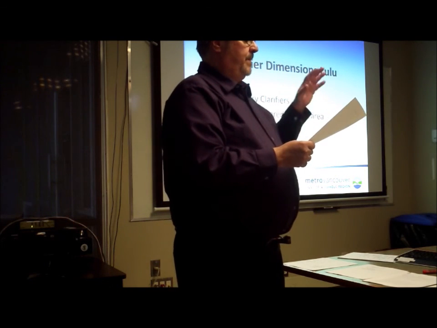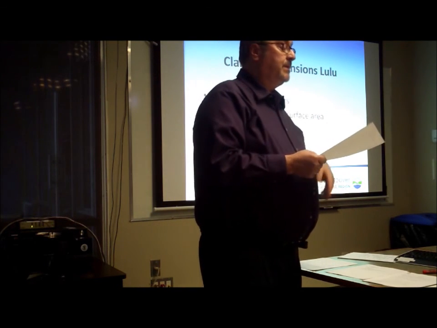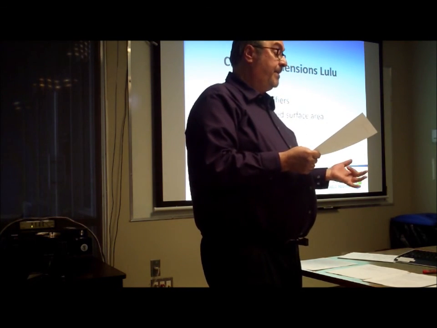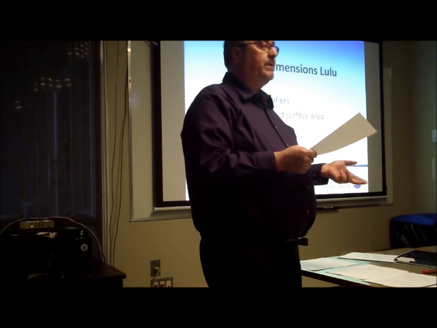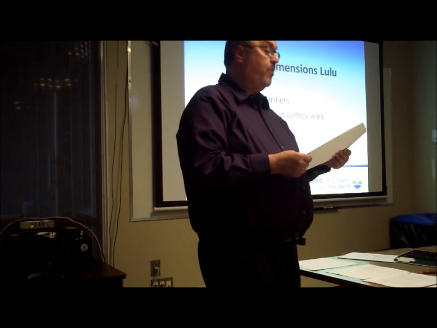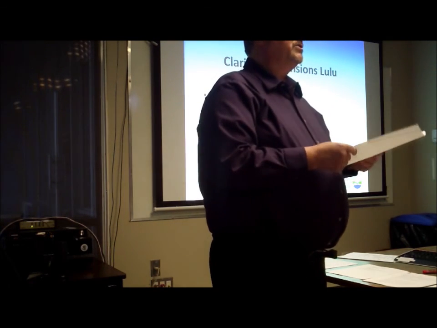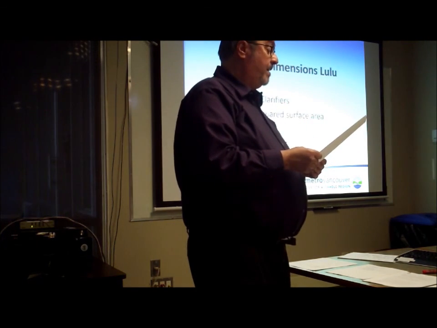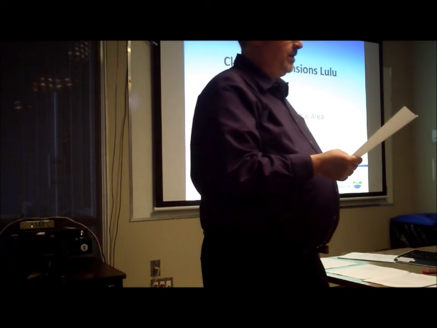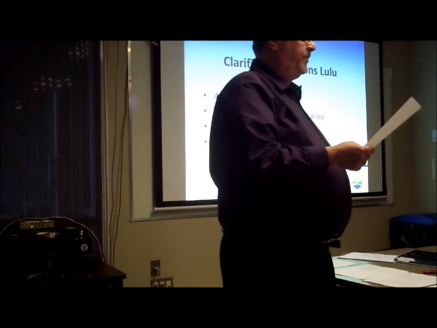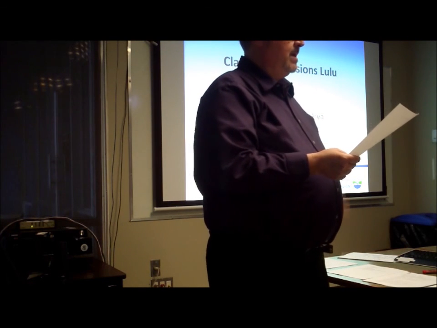And for Lulu's overflow rate, the designers determined that the average dry weather flow loading hydraulically to that clarifier would be 29.1 meters cubed per meter squared. The maximum monthly flow would be 34.2, and the peak wet weather flow would be 59.6.